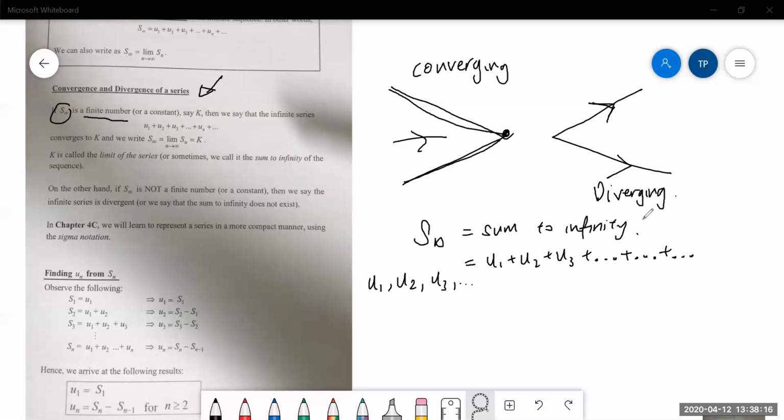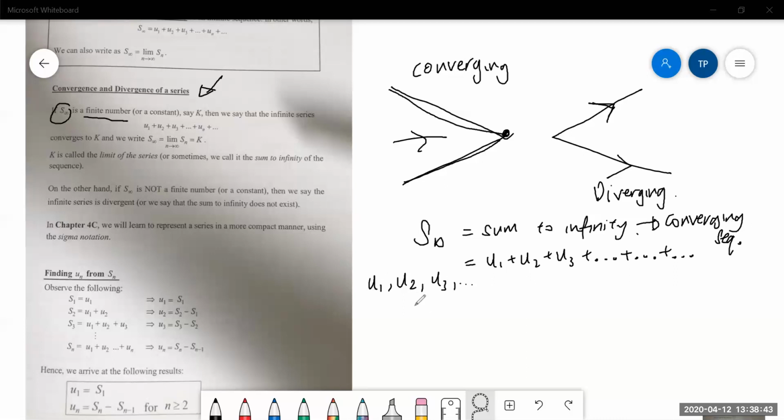When we sum every single term in this sequence, we call it the sum to infinity. And sum to infinity should always be part of a converging sequence, which means as you add these numbers up, it should converge towards a certain number.